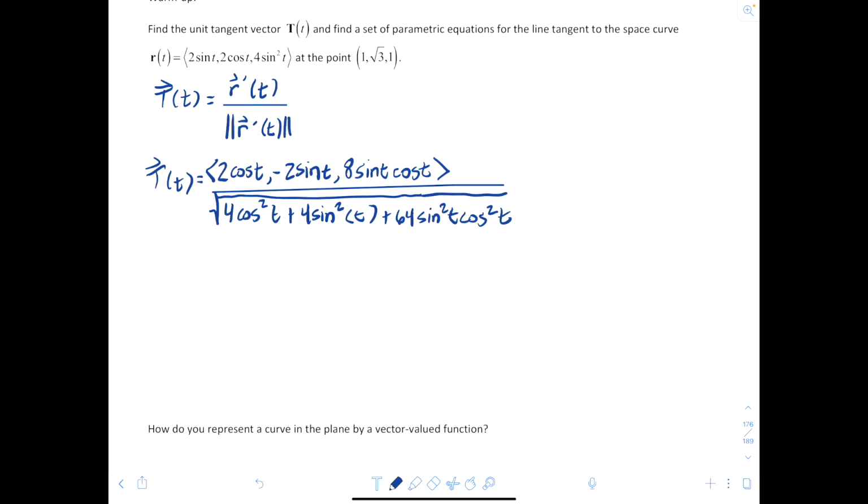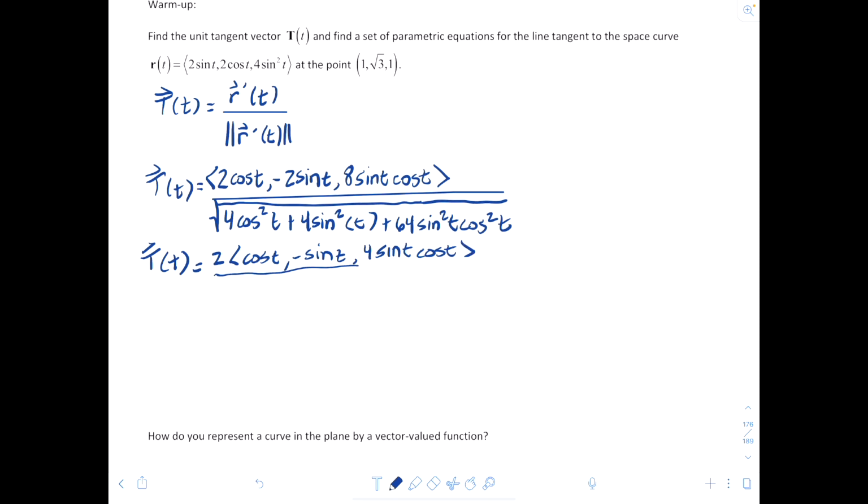Okay, so now the unit tangent vector at t is going to be, let's see, we can factor out a 2, and we'll be left with cosine at t, negative sine at t, and then 4 times sine at t times cosine at t.